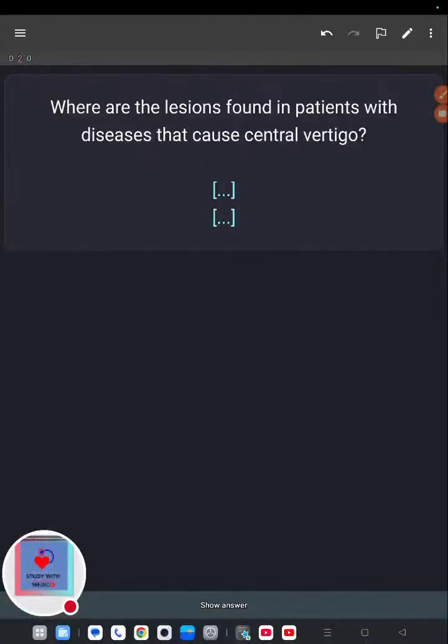What are the lesions found in patients with diseases that cause central vertigo?